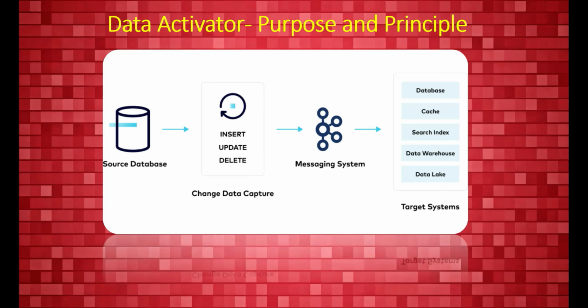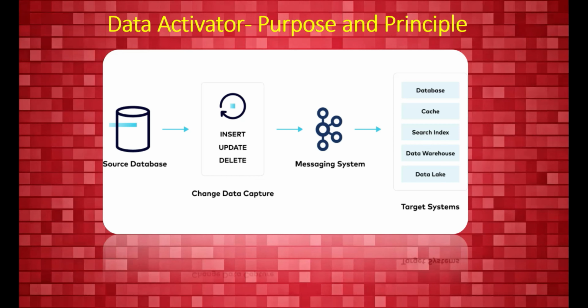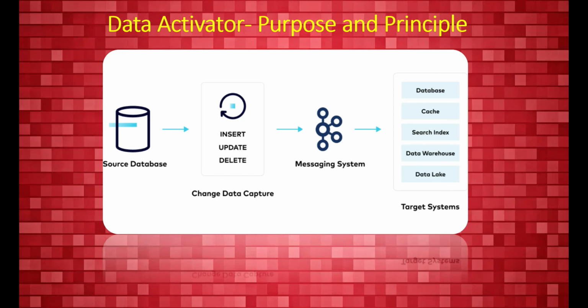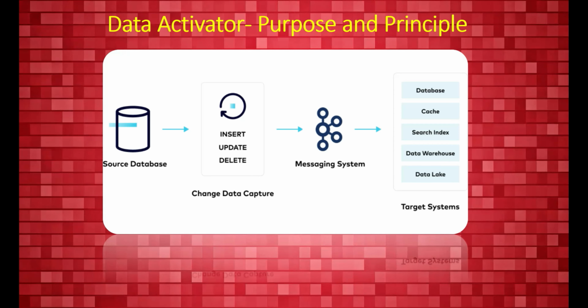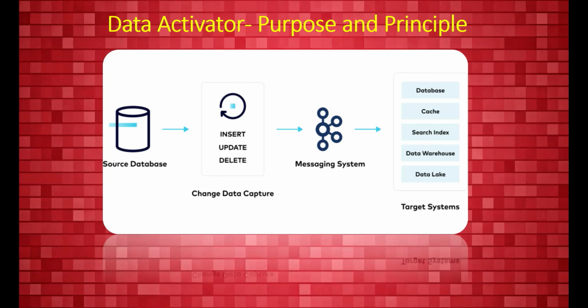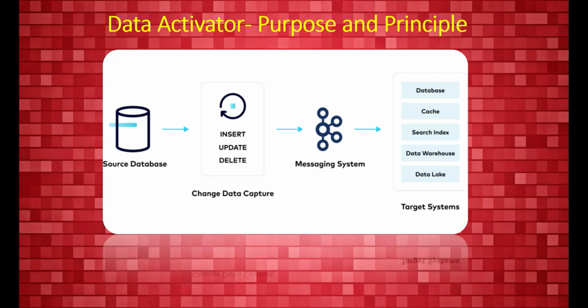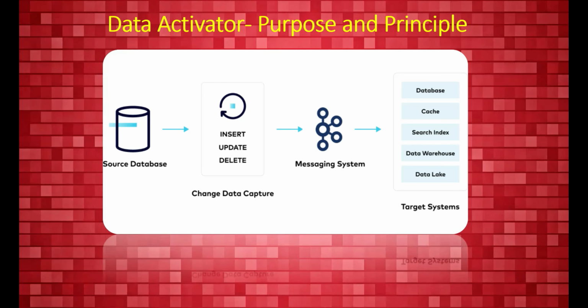It is a little similar to the Autoloader concept you might have heard of in Databricks. It is very similar to that, but Autoloader has limitations: the data should be in a particular format, it should be in the cloud, and so on. Here it is not limited in that way. We will see in the next slide.